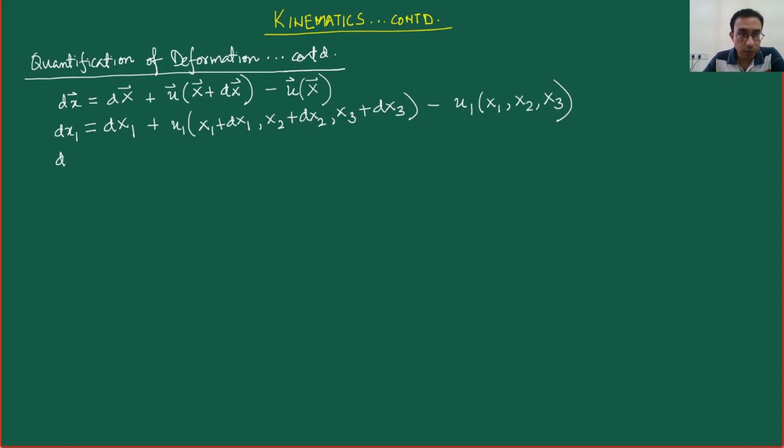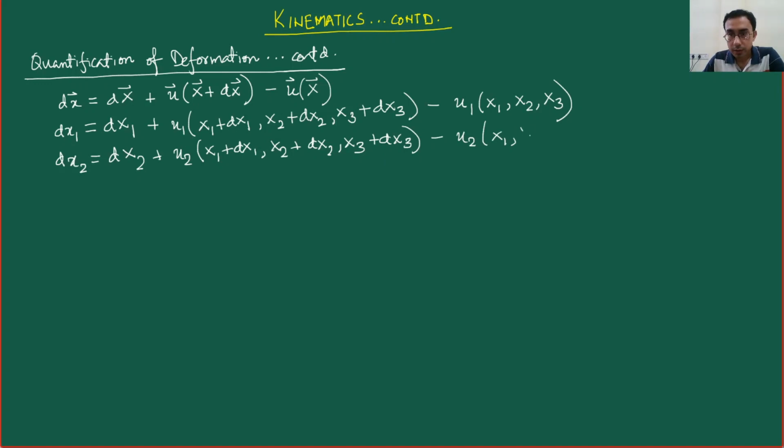Similarly, we have for d small x2, d capital X2 plus u2, again a function of X1 plus dX1, X2 plus dX2 and X3 plus dX3, minus u2 of X1, X2, X3.